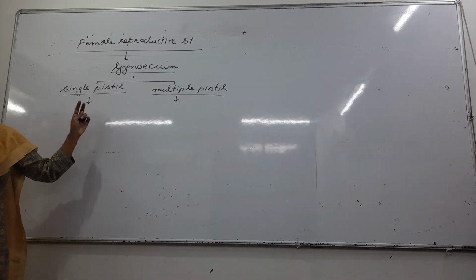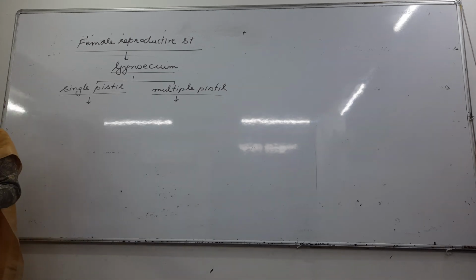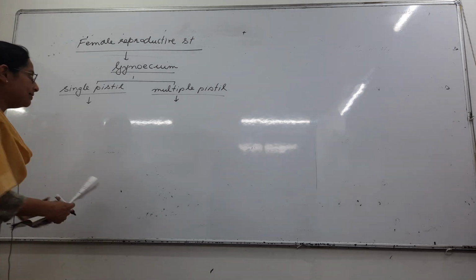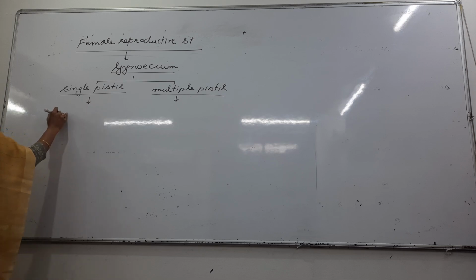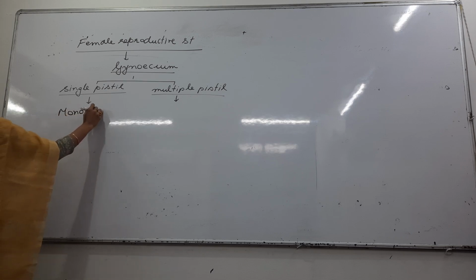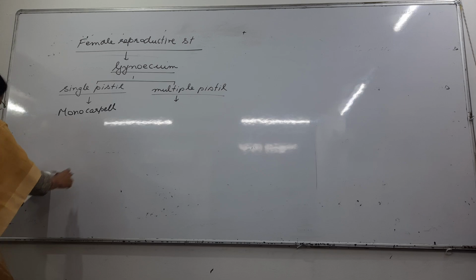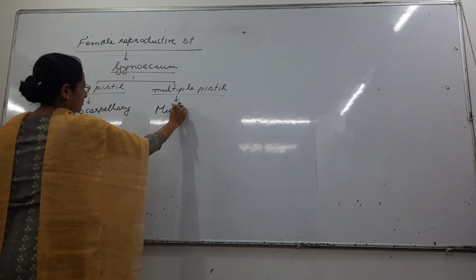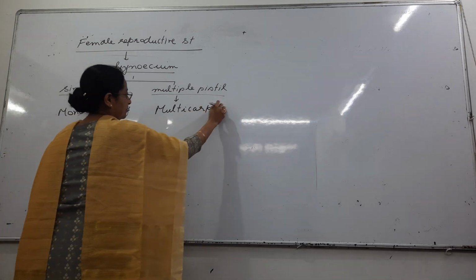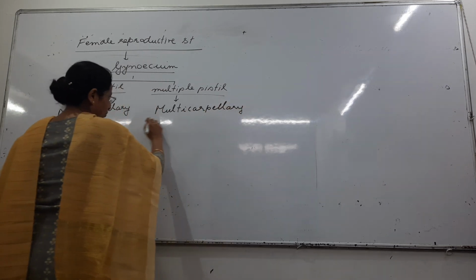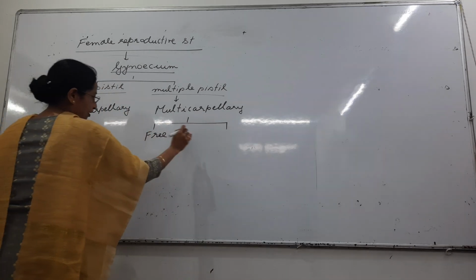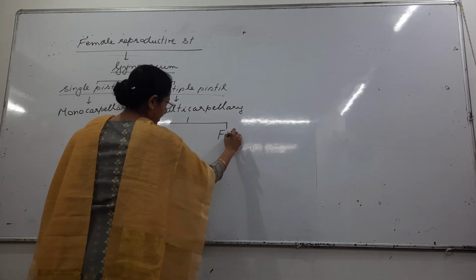When we talk about a single pistil, we had a term that we studied in morphology. If there is a single pistil, that flower would be called what? Monocarpellary, right? And if there are many, it is called polycarpellary or multicarpellary. Next, if there are many carpels, all the carpels would remain free from each other or they will remain fused.